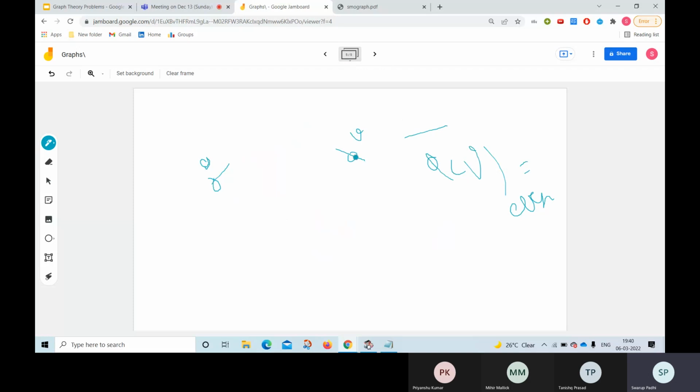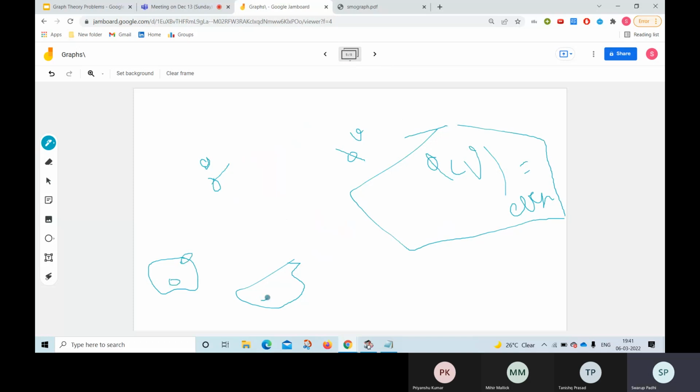But we should not proceed in this way. We should first prove that we are guaranteed this. We should modify this result to say that the sum of degrees of vertices is even in each connected component. So there is a connected component, there is another connected component, and there are vertices in this connected component.